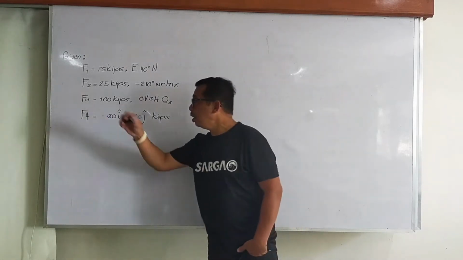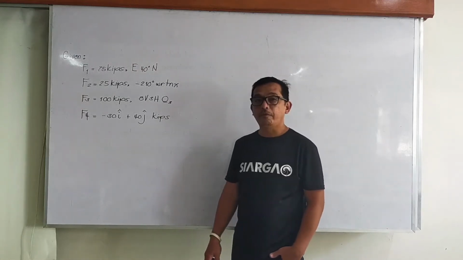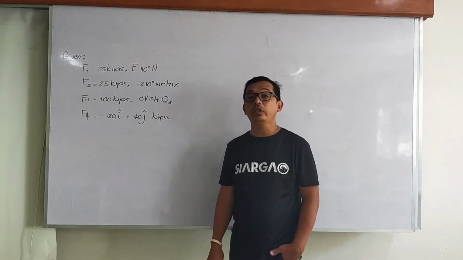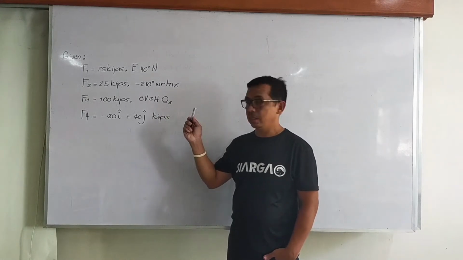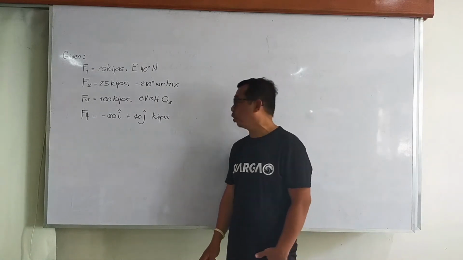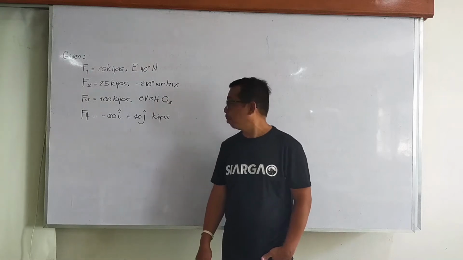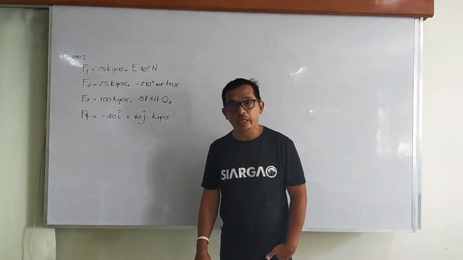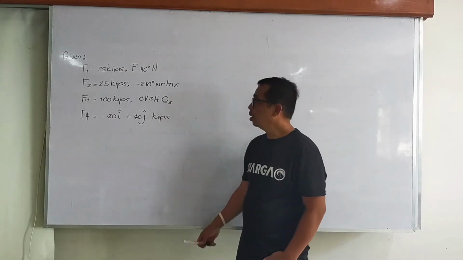And for F3, we have it 100 kips, 8 vertical, 3 horizontal, quadrant 3. And for F4, we have the unit vector expression negative 30i over cap plus 40j over cap kilopounds.